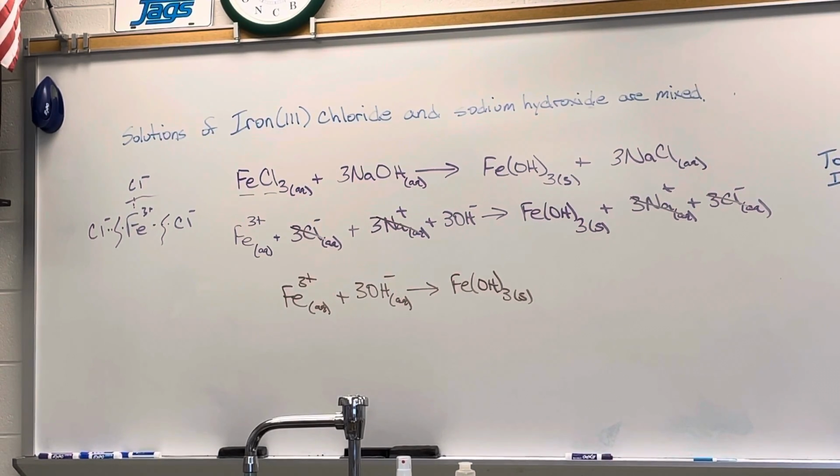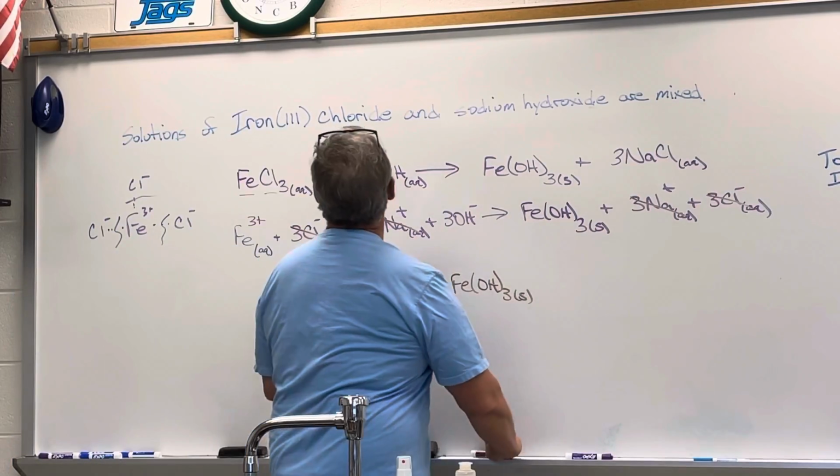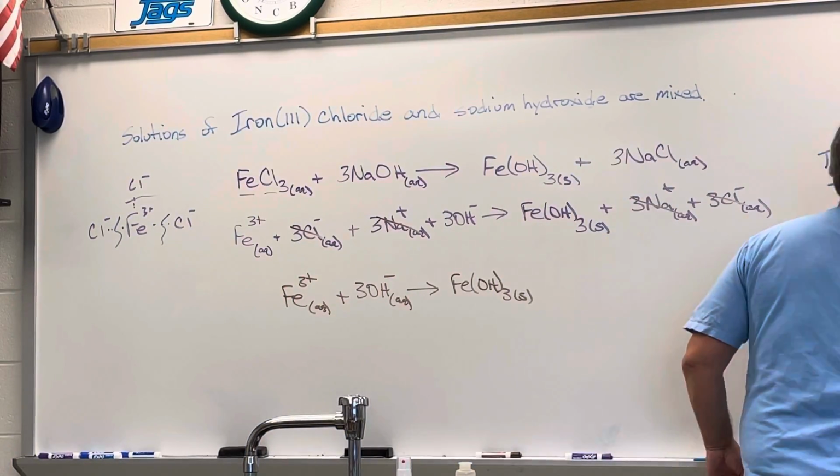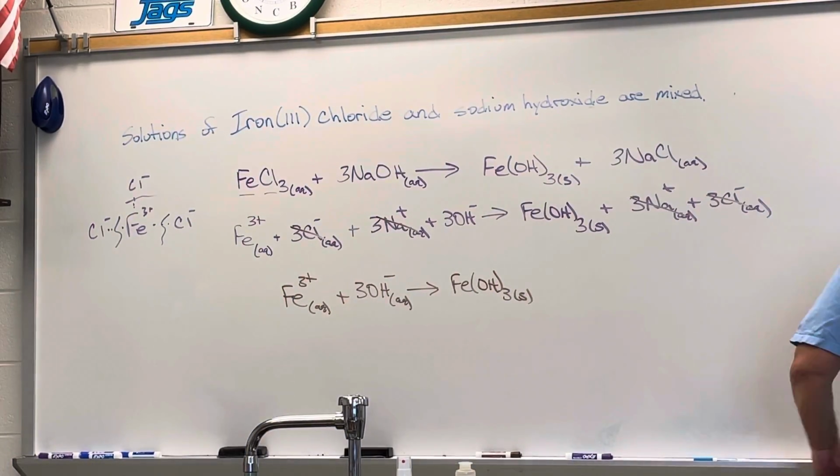What else? Work it out. Okay, I want to do one more. I'll make sure I have enough time to do this stoichiometry thing. Let's look at a single replacement, total and net ionic equation.